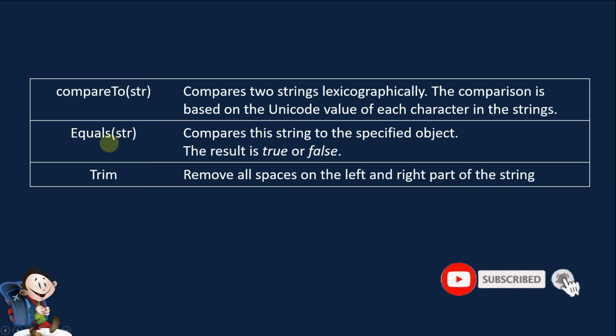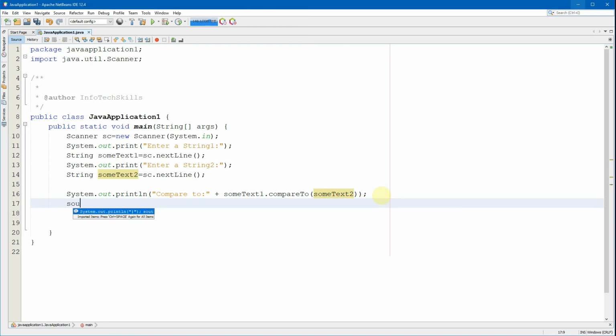Next, we have the equals. equals is used to compare strings and it will return true or false value. Okay? So, inside the parentheses is yung string na gusto nating i-compare. Here, similar lang naman sila kay compareTo, pero ang pinagkaiba, true or false na ang ibibigay ng equals.